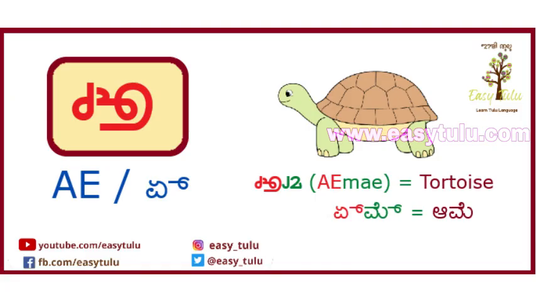Okay, next one is A. This is the long A sound. Like short A, this one also normally comes at the end of a word. However, sometimes initial long A sound changes to A if the final vowel is A. Example, Ame.